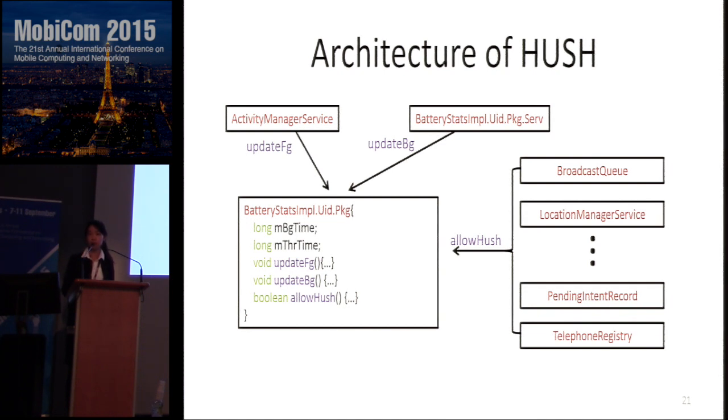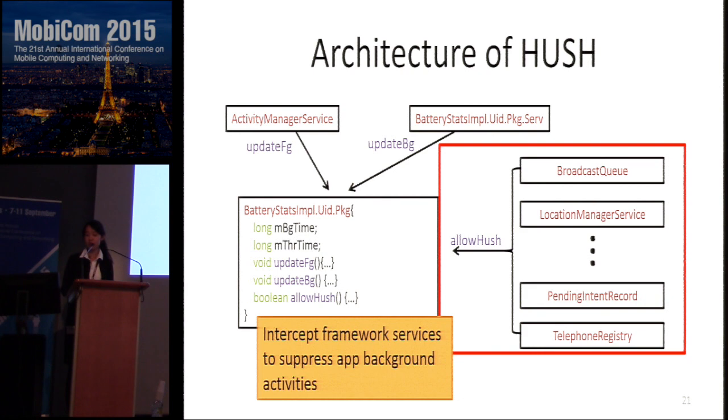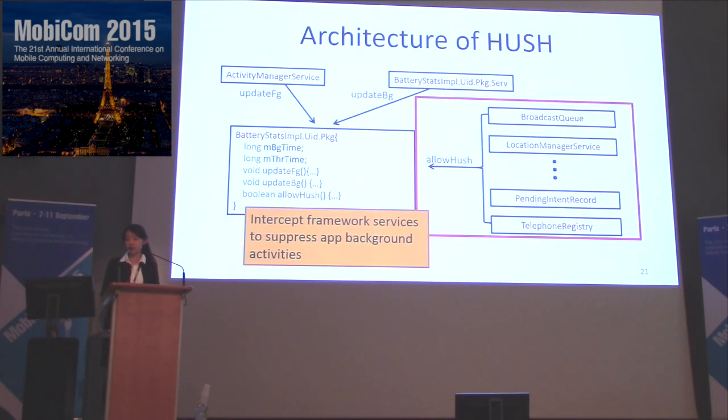So we intercept those framework services, so that before the framework services try to invoke those apps, they first check with our Hash central component to see if the current app is allowed to run background jobs, or if we need to suppress it.